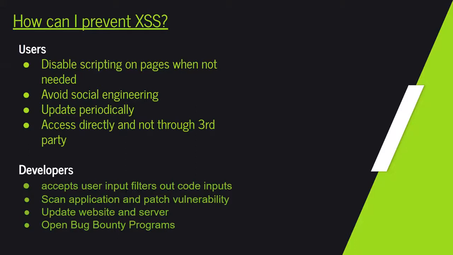On the developer side, they can also scan the application and patch the vulnerability when they find it. The developers are also able to update their side of the website and their servers in order to install the most recent patch or the Open Bug Bounty Program.